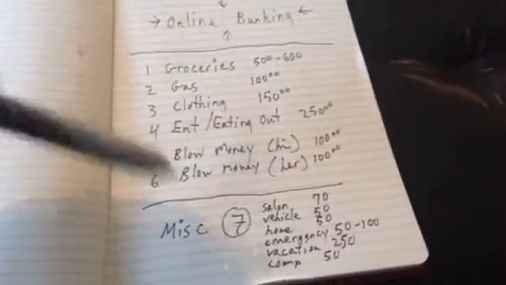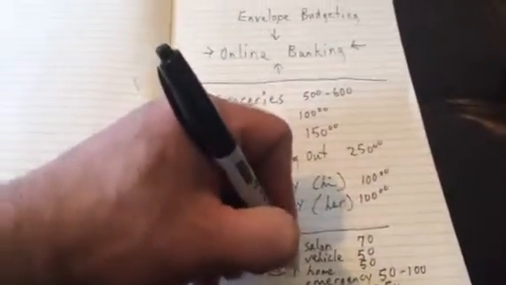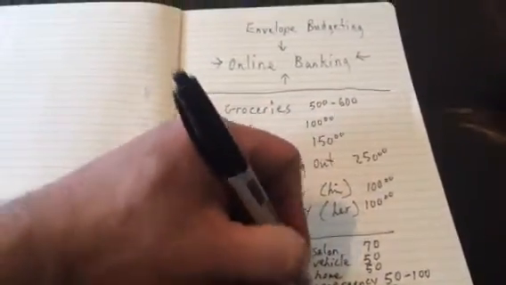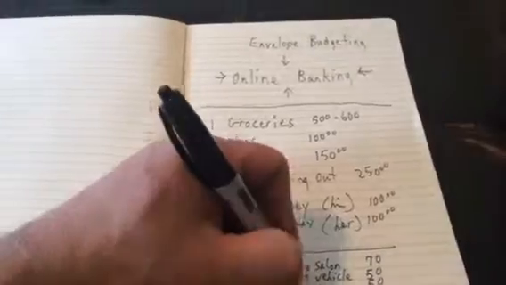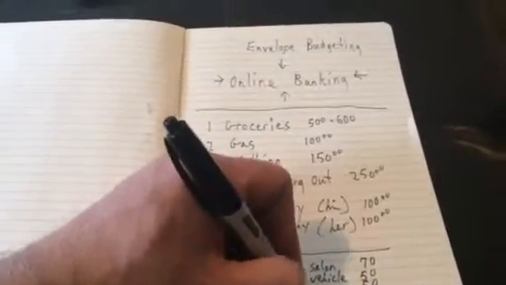So that is in a nutshell what you need to strive for. Get yourself up to 12 envelopes, because this is 10, 11, 12, 13 is actually your emergency, 11 and 12. There you go.